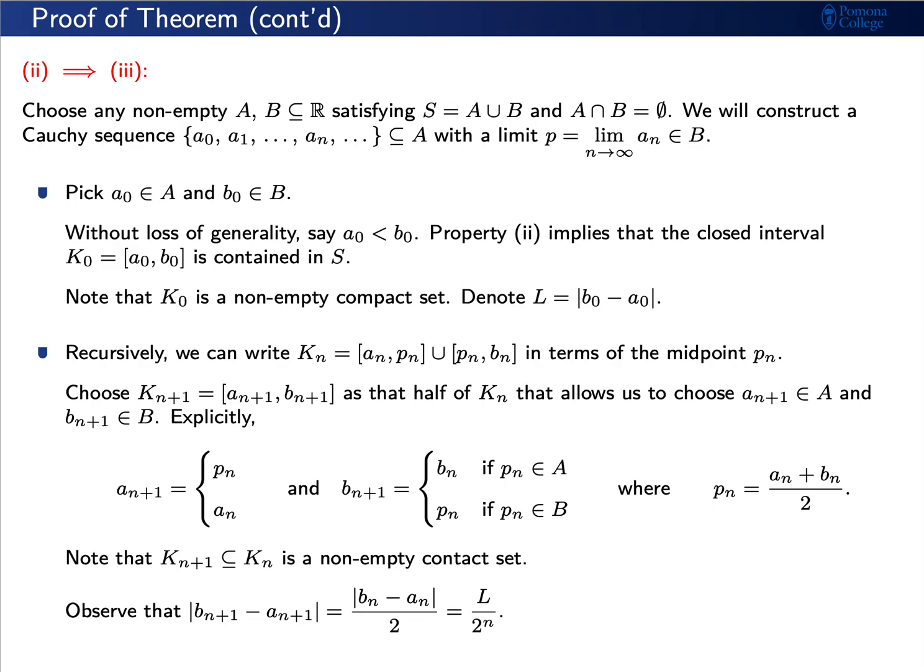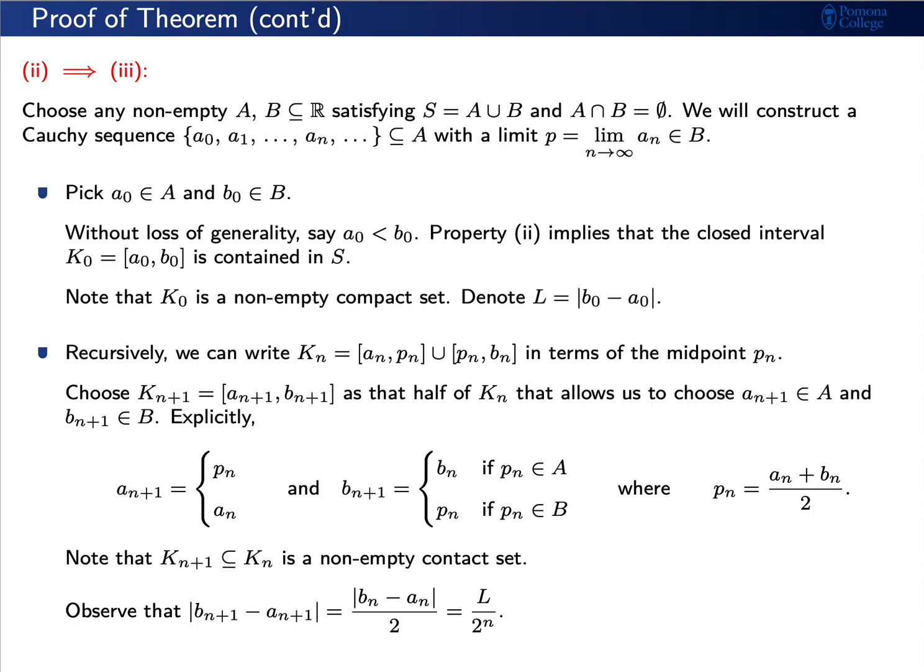Now, if p sub n is an element of A, we're going to choose the right half of the interval K sub n. Namely, a sub n plus 1 is p sub n, and b sub n plus 1 is b sub n. On the other hand, if p sub n is in capital B, we'll choose the left half of this interval. Namely, a sub n plus 1 is a sub n, and b sub n plus 1 is p sub n.